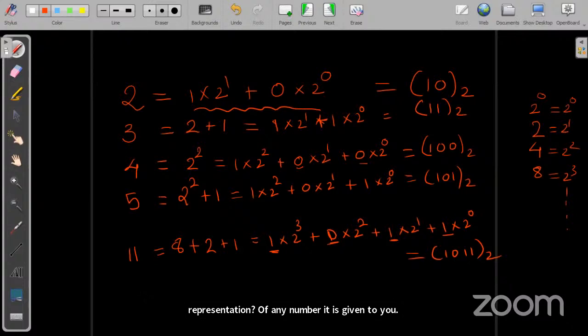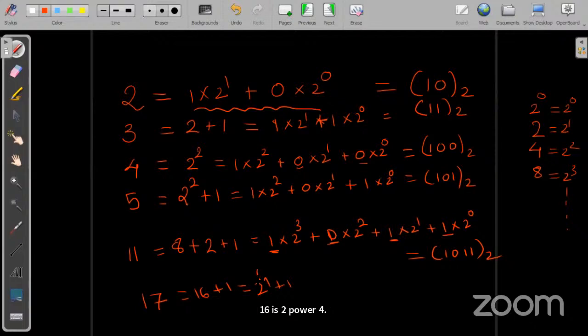Can you calculate it for, let's say, 17? Okay, 1, 0, 0, 0, 1. 17 is actually 16 plus 1. 16 is 2 power 4 plus 1.